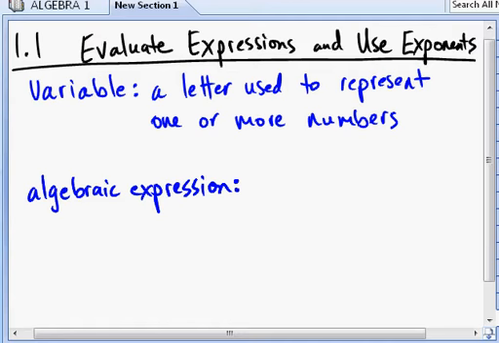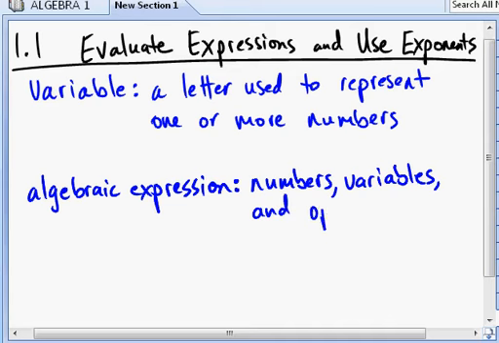Algebraic expression is numbers, variables, and operations.